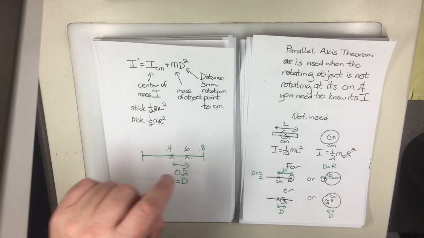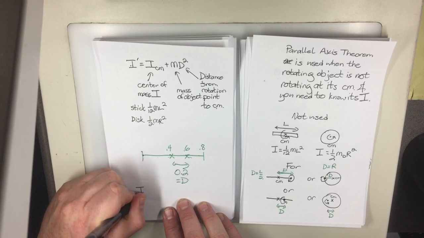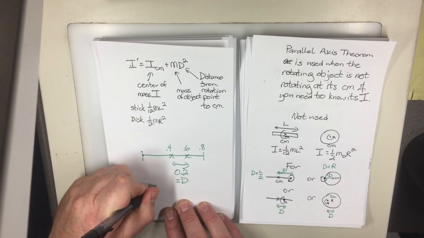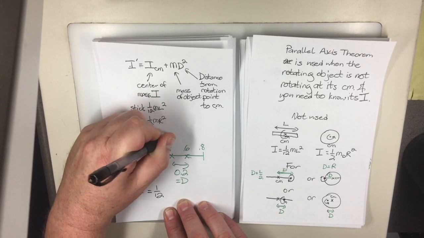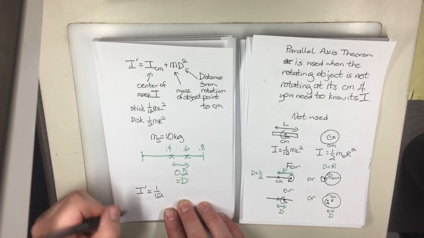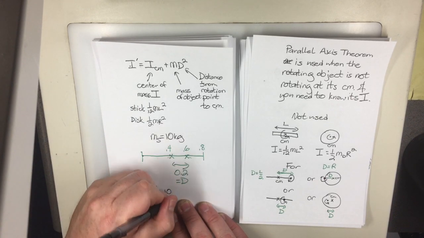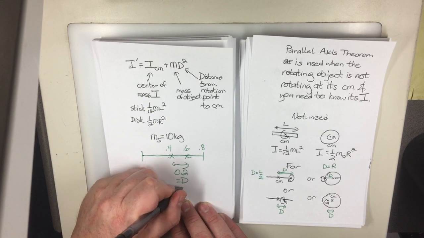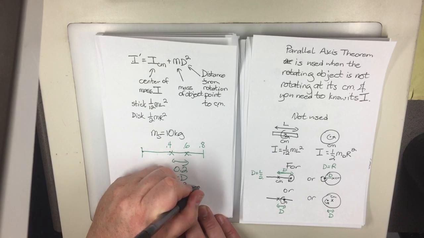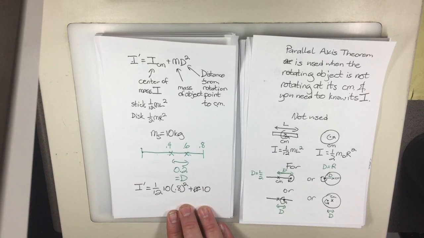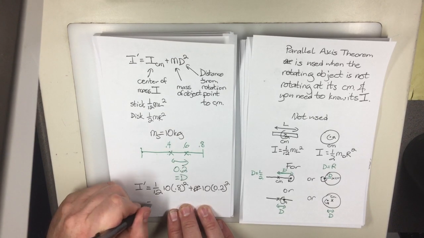So in the case of this stick, the new moment of inertia would be 1/12. Let's say the mass of the stick is 10 kilograms. This moment of inertia would be 1/12 times 10 times L squared, 0.8 squared, plus its mass, 10, times d squared, 0.2 squared.